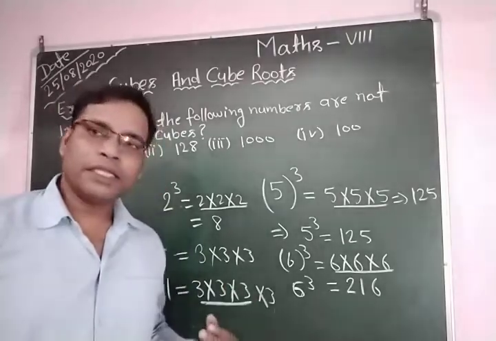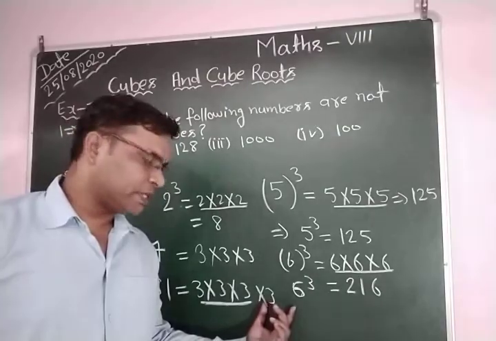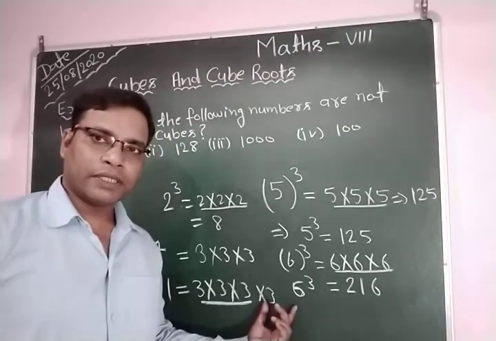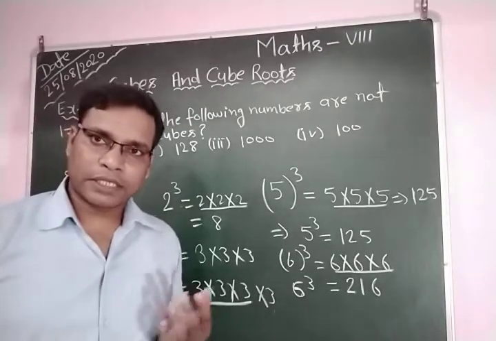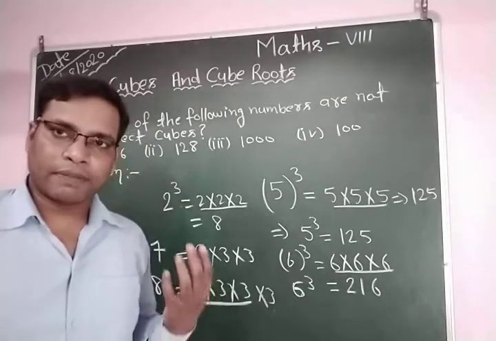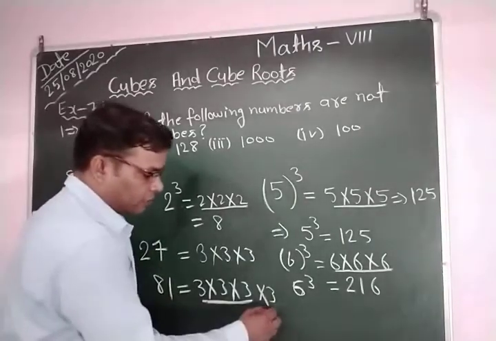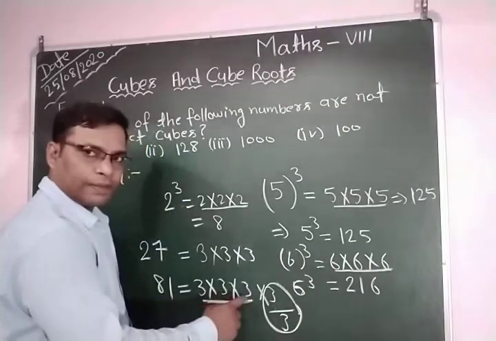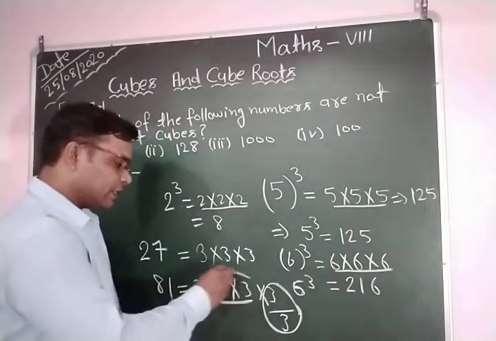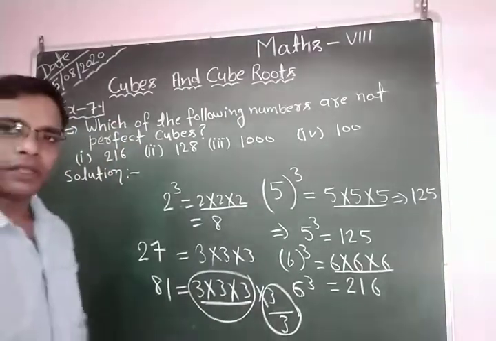If you multiply by 3 into 3, then it also becomes a group of 3 prime numbers, and the number becomes a perfect cube. If you divide by 3, we obtain only 3 into 3 into 3, so the remaining number becomes a perfect cube.